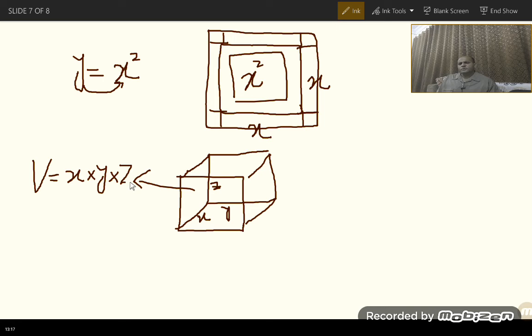So here you can see easily that this volume depends upon more than one variable. So these are what? Independent variables, and the variable which depends upon these, that is the volume, is called the dependent variable. So hope you have got the point of independent and dependent variables.